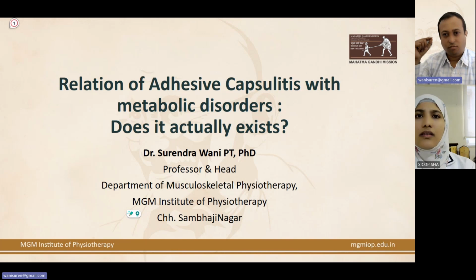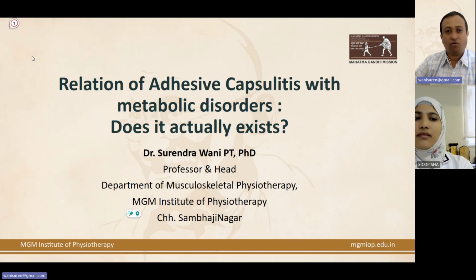But for thyroid diseases, whether controlling them gives a good outcome related to frozen shoulder or adhesive capsulitis, it's not there, I think. But definitely in diabetes patients, if the diabetes is controlled, then you can expect good outcomes with the physiotherapy treatment.